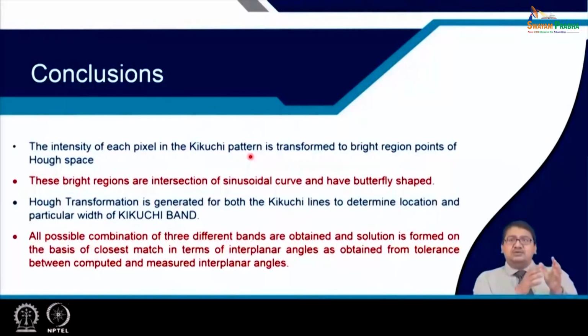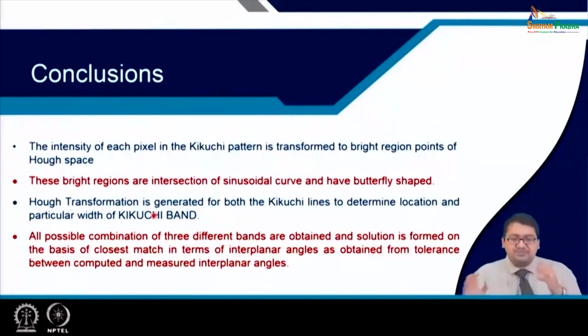These Hough spots are bright regions which form by intersections of the sinusoidal curves formed from each point of the bands of the Kikuchi pattern, and they have a butterfly shape, therefore they are sometimes called butterfly filters.